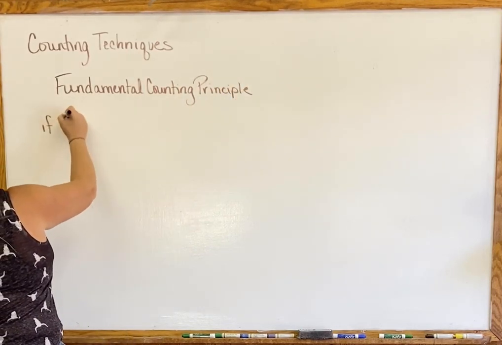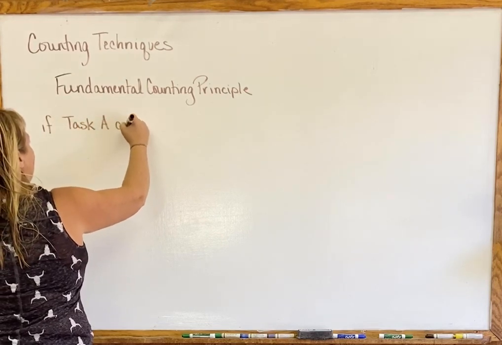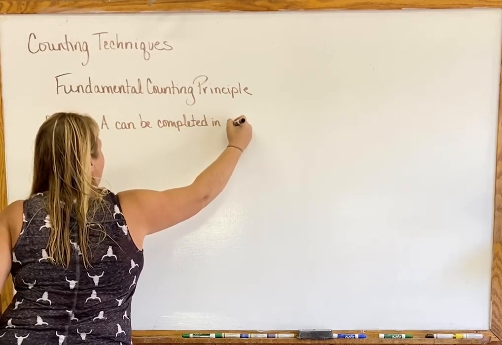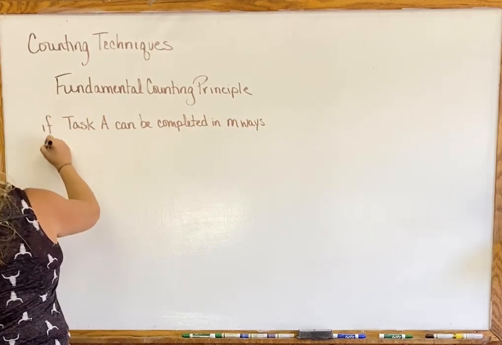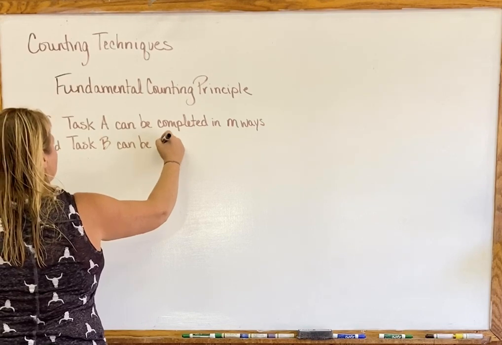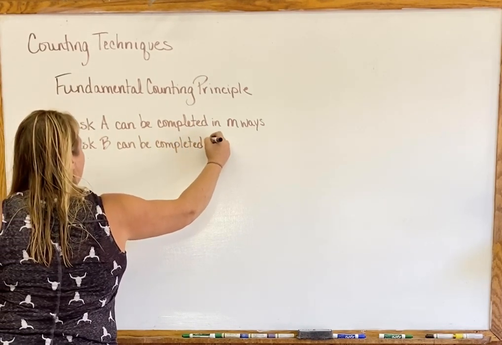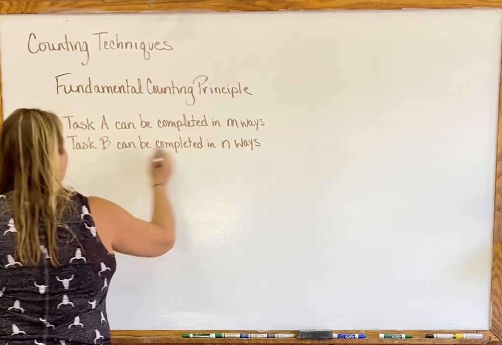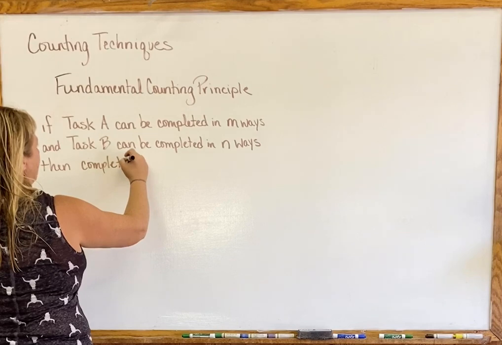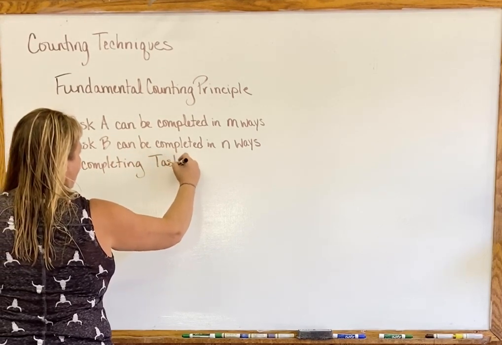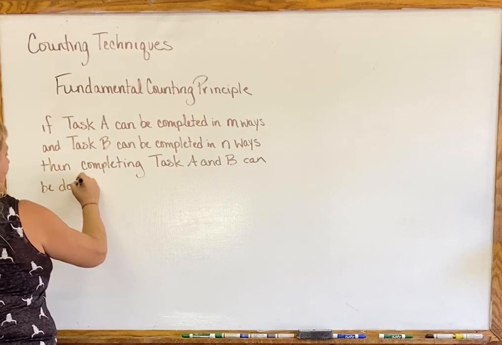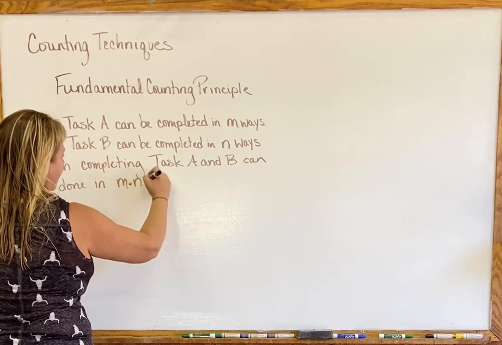And it says, if task A can be completed in M ways, and task B can be completed in N ways, then completing task A and B can be done in M times N ways.